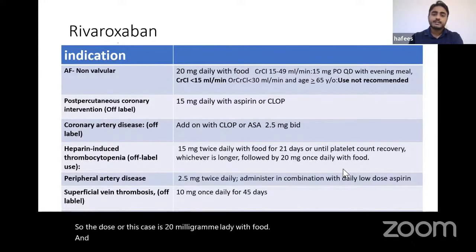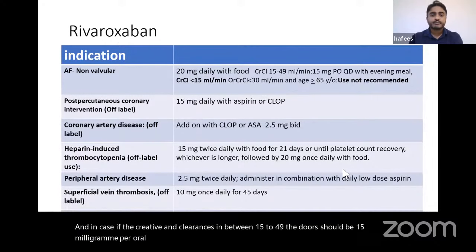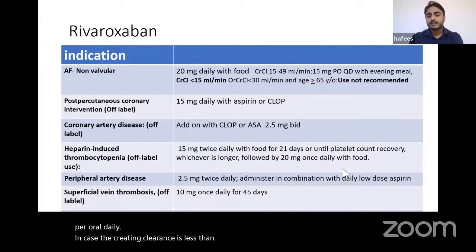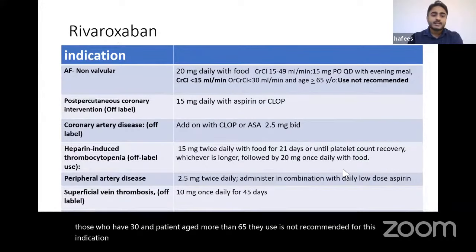And if the creatinine clearance is between 15 to 49, the dose should be 15 milligram orally daily. If the creatinine clearance is less than 30 and patient age is more than 65, the use is not recommended for this indication. So in each indication, the dose or the frequency is different.